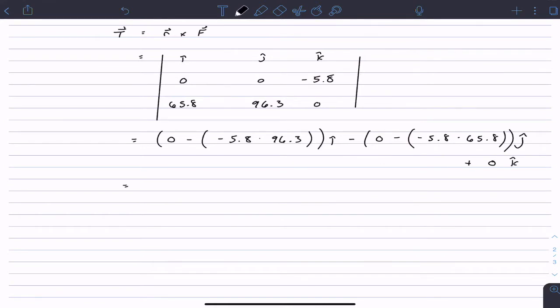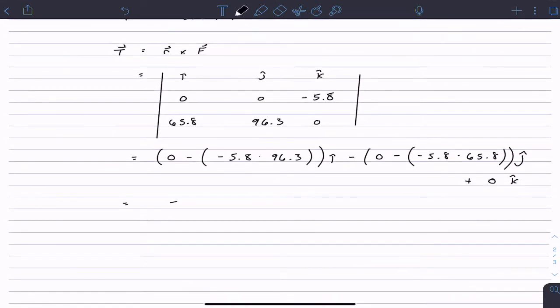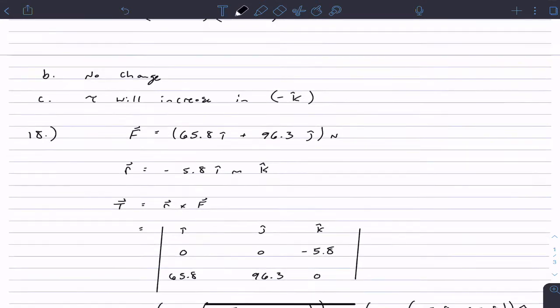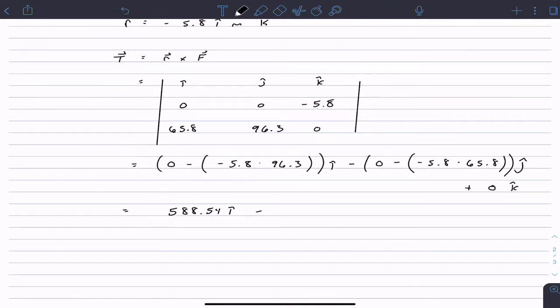So for the i hat direction, we're going to have a positive value, right? i hat, negative, negative. Positive value of the same thing we had before. It was 588.54 i hat minus. I'm just checking to make sure I have this. Yep.